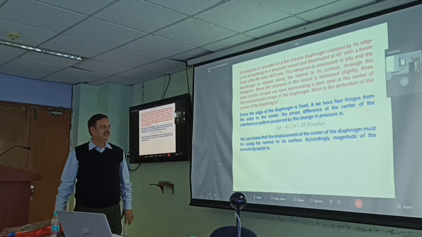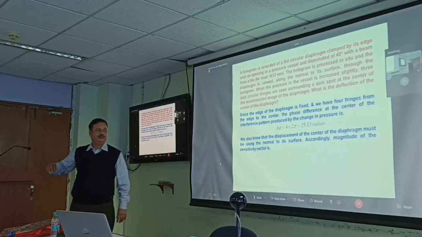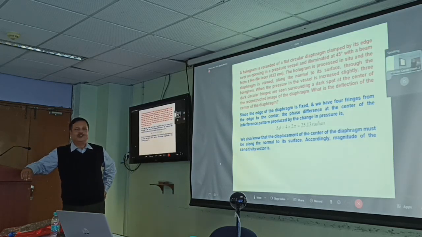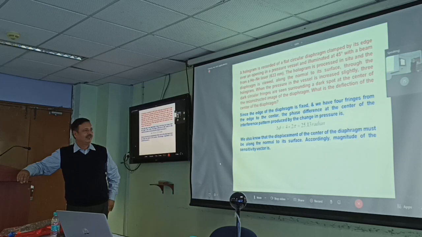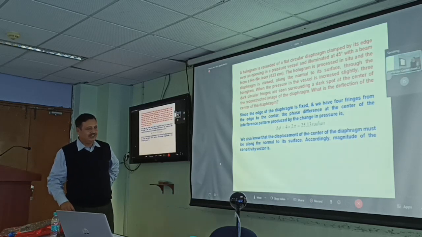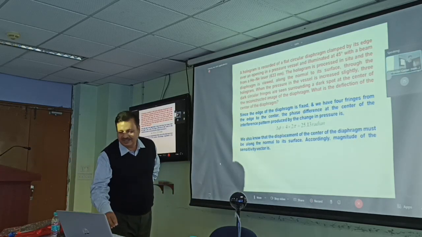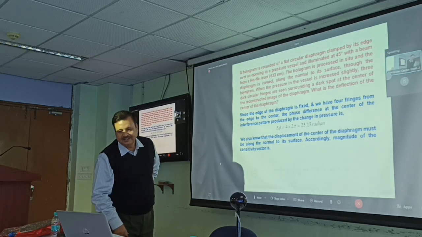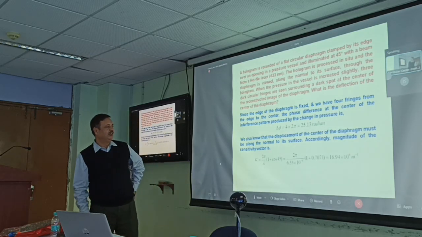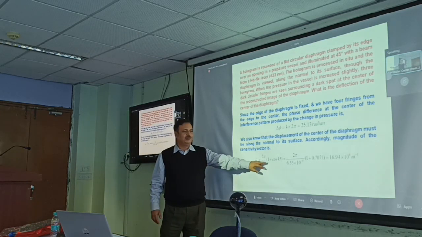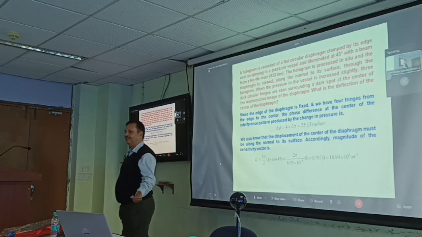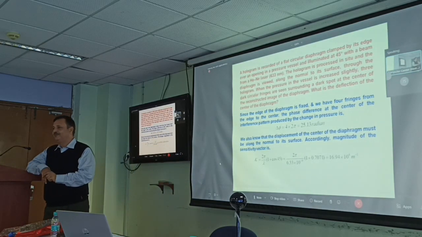We also know that the displacement of the center of the diaphragm must be along the normal to its surface. So what would be the magnitude of the sensitivity vector, capital K? Capital K is 2 pi by lambda into 1 plus cos 45 degree, where phi is 45 degree.